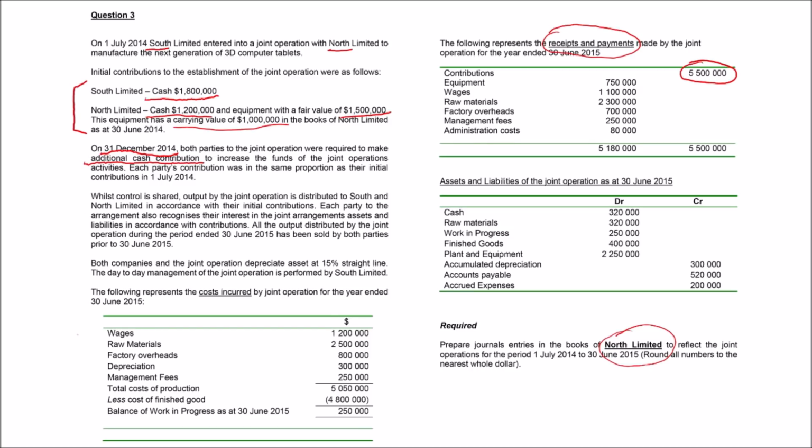What does that mean? It means that in total, both of the joint operators contributed $5.5 million cash to this joint operation. So this information is going to help us work out the amount of additional contribution by each of the joint operators. So $5.5 million, this is the total that we have.